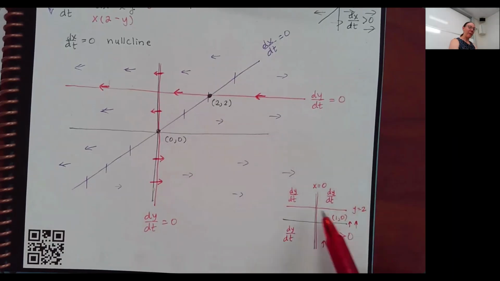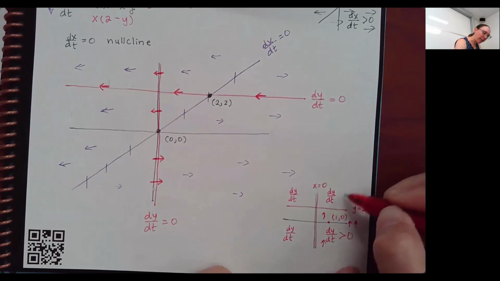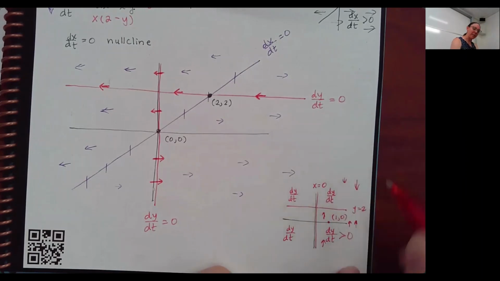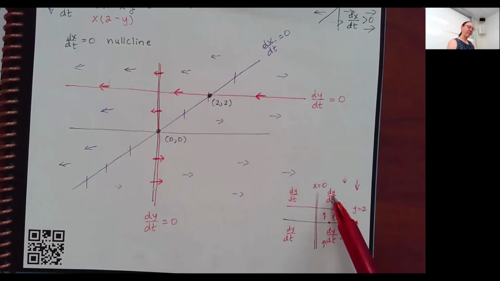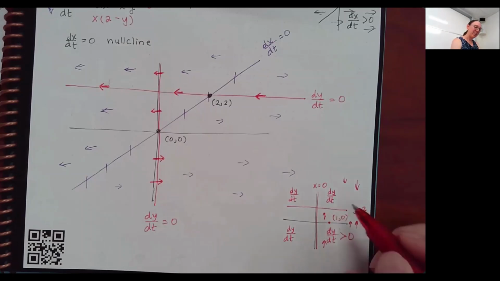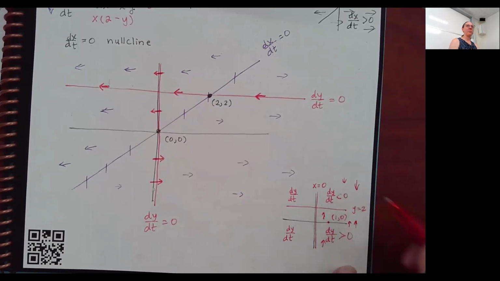And every time I pass a null line, I'm going to switch direction. So I was pointing up here, so I'm going to be pointing down in here. You could also pick a test point up here, right? Like I could pick the point 1, 3 and plug it into dy dt. And if I pick the point 1, 3, you'll see that this is less than 0. So all of these arrows should point down.